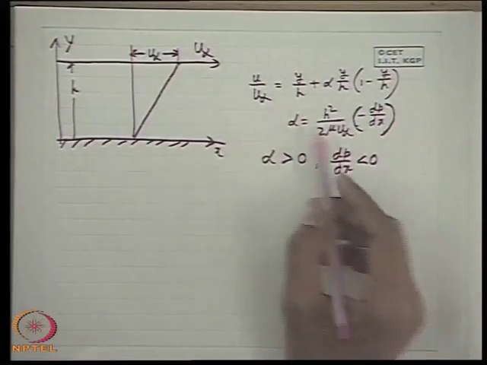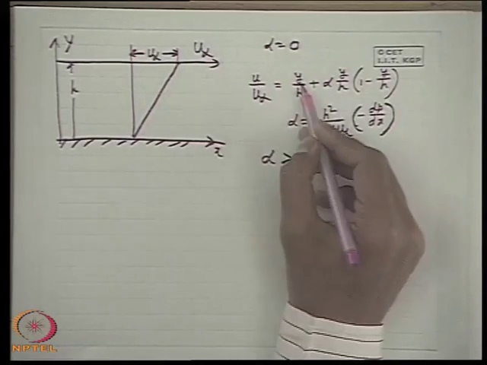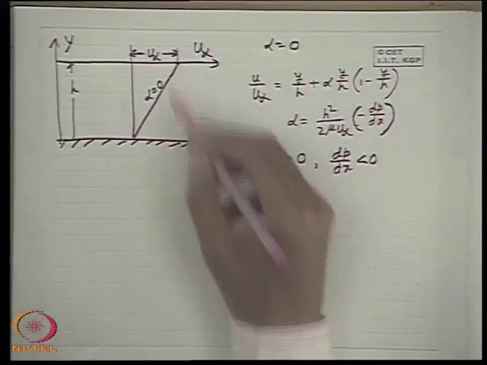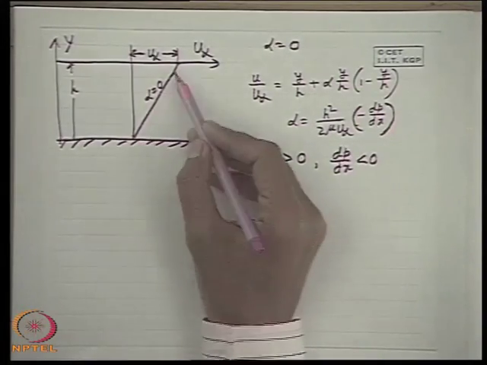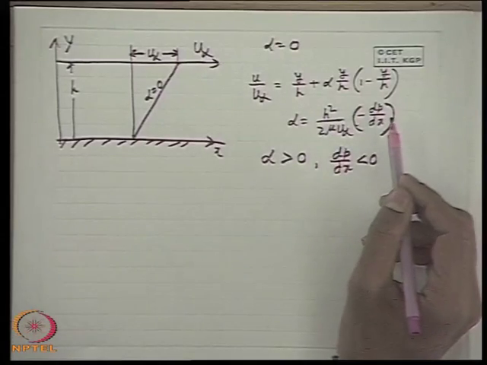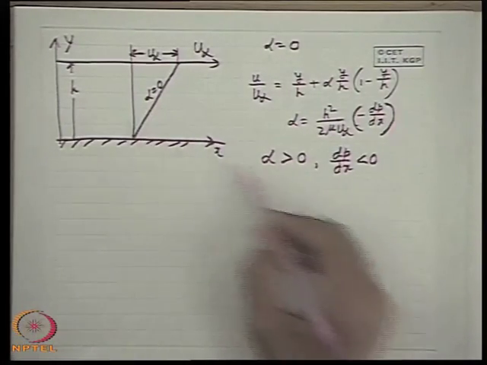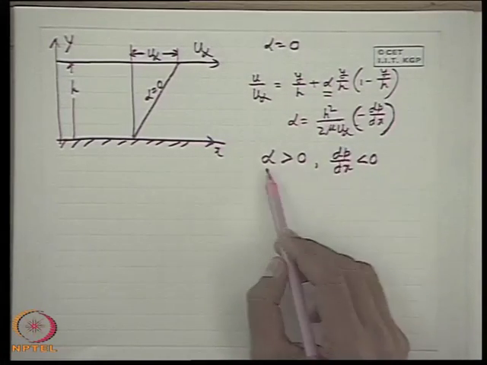Now you see from here that when alpha is equal to 0, which is a simple case, then u by u infinity is y by h. This is the curve for plane Couette flow or simple Couette flow as I discussed earlier. So from 0 at the plate which is at rest, to u infinity, the velocity varies linearly. Now before going to find the velocity profiles for different values of alpha as a parameter, we discussed the different regimes.